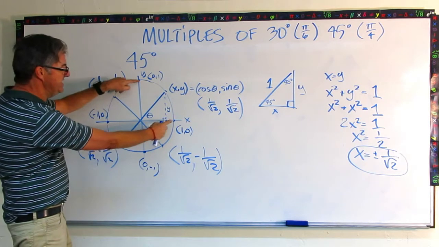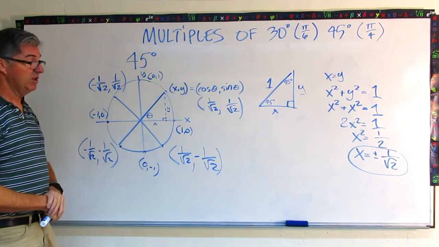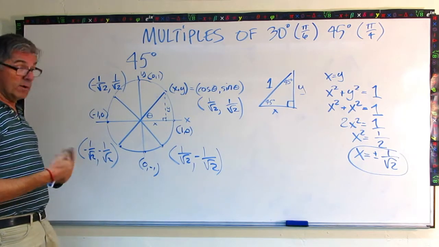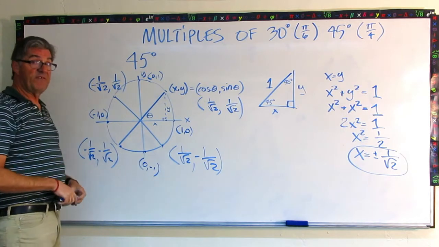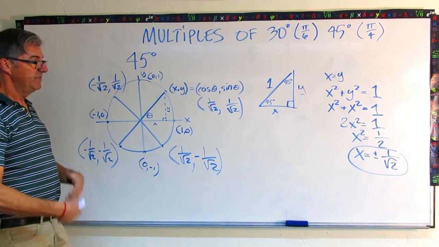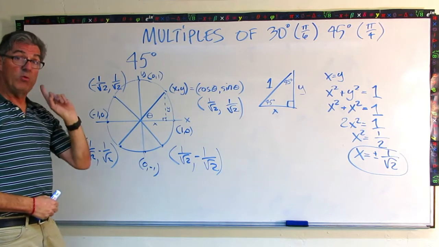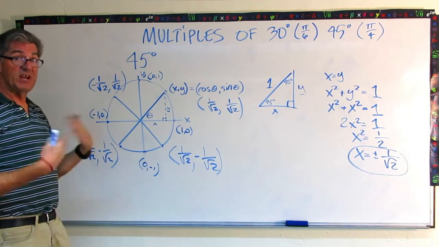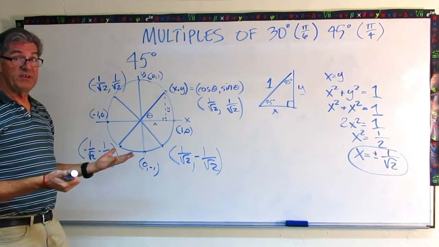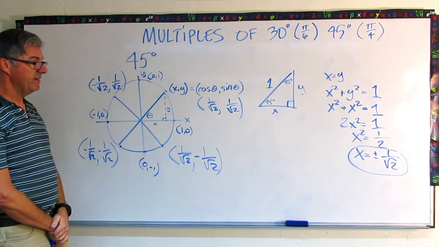So we have these easy ones, which we've known for a little while. Now you have 4 more points that you know on the unit circle, incremented in 45-degree angles as you go around. And the truth is, in this case, there's only one value, and that's 1 over root 2. It could be positive or negative, but there's only one value for these 45-degree angles.